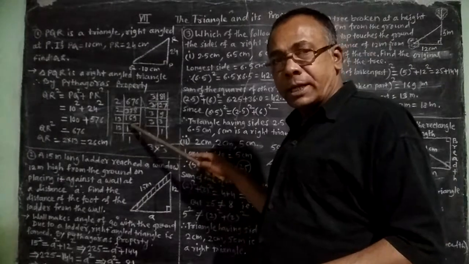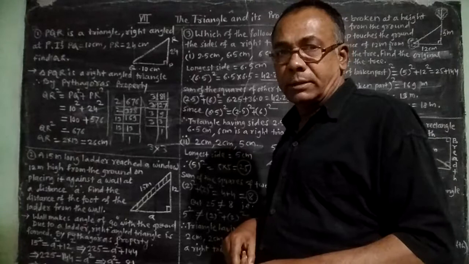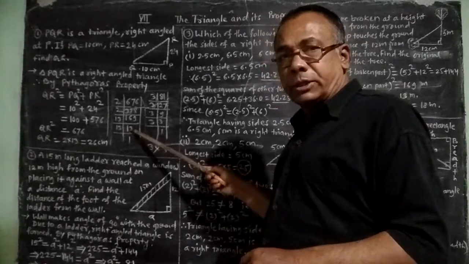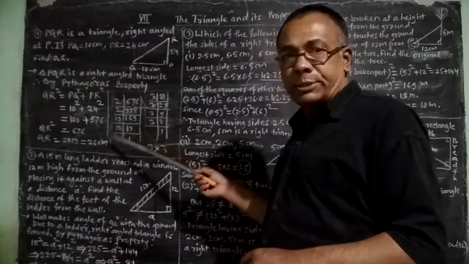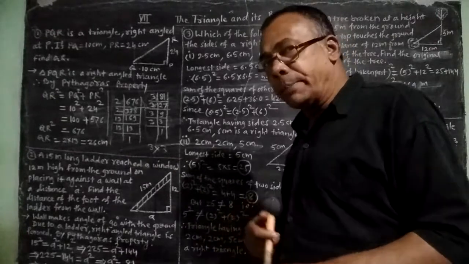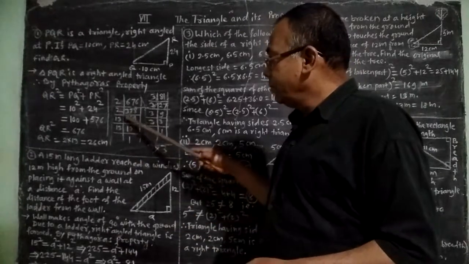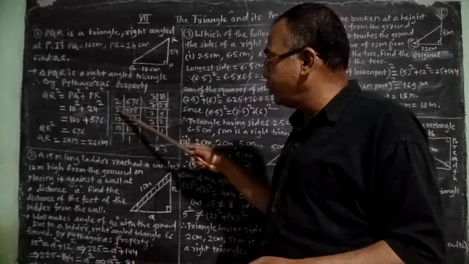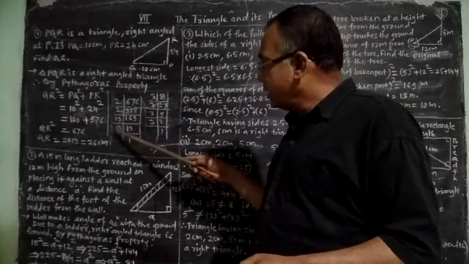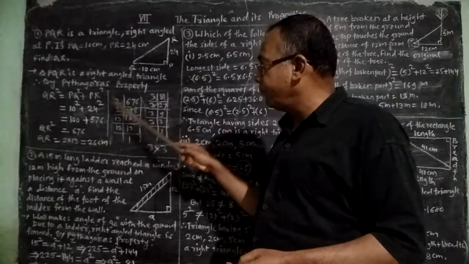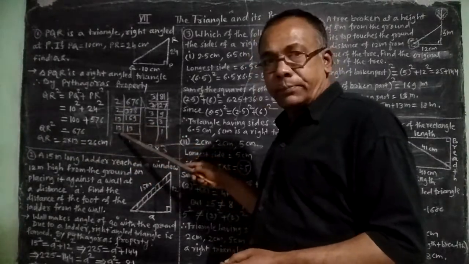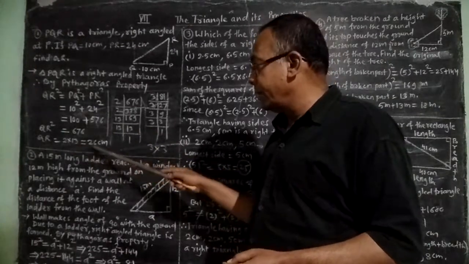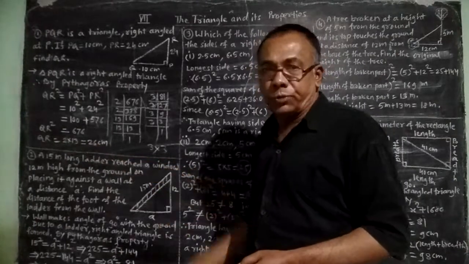But we know that 169 is only divisible by 13. So again the quotient will be 13, and 13 is only divisible by 13 because 13 is a prime number. In this way, we get the factors of 676 as 2 into 2 into 13 into 13. Here 2 into 2 means 4, and the square root of 4 is 2. Here 13 into 13 means 169, and the square root of 169 is 13. So 2 into 13 is 26 centimeter, which is the length of QR.